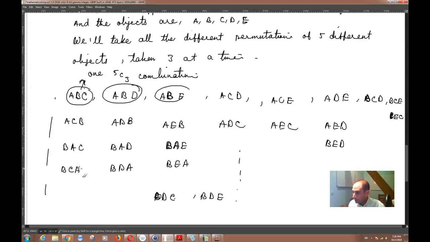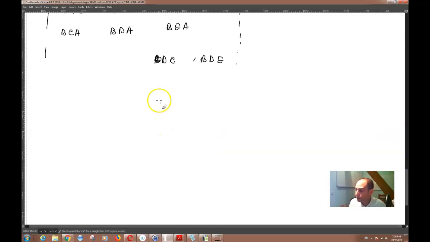And so you can say that corresponding to each of these 5 combination 3 combinations, there are 3 factorial permutations. That's the important thing here.